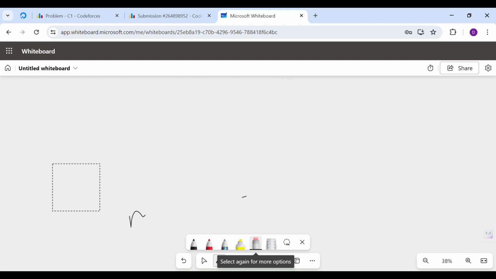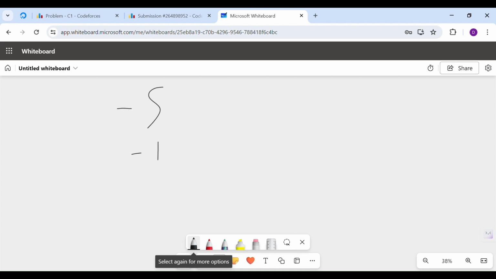I'll show you. Suppose you are solving this question using DP, and at the ith state, you have some possible answers like -5, -1, 0, 2, 6.